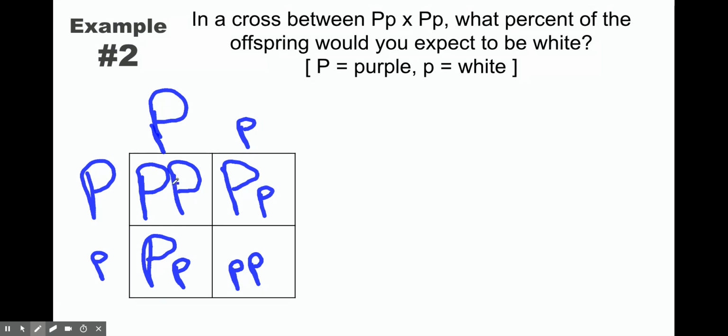So this upper left is going to be purple, upper right is going to be purple, lower left is going to be purple, but this lower right is the only one that doesn't have a big P. It only has little p's, which means it is going to be the only one that is white. So what percent of the offspring would you expect to be white? Only one of these four squares would be white, so that means 25% white.